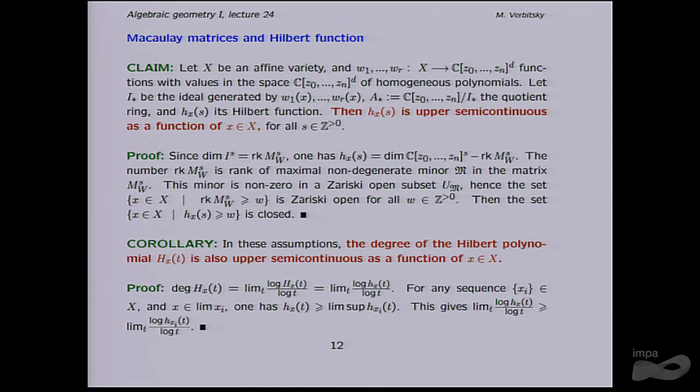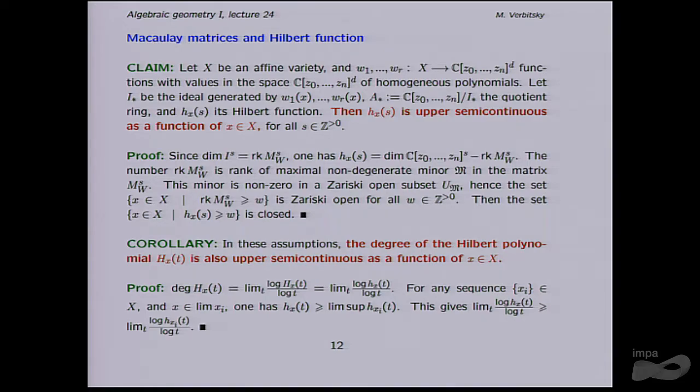Suppose that the rank is equal to W. This means that you have a W by W minor in that matrix, a submatrix of dimension W by W, which is non-degenerate. We deform this a bit because everything depends smoothly on a point X, and it remains non-degenerate.